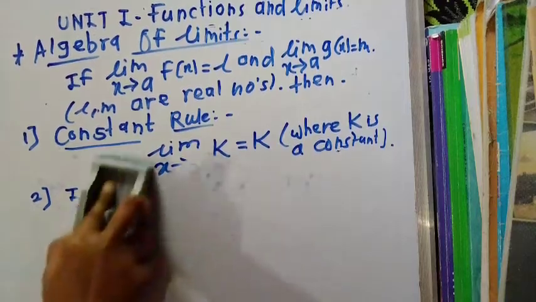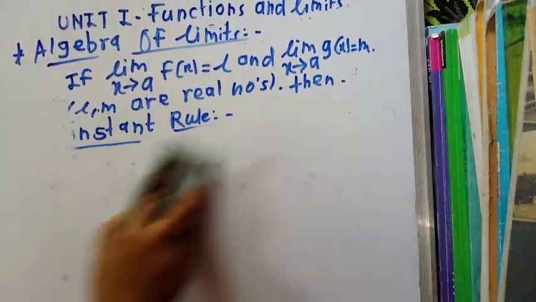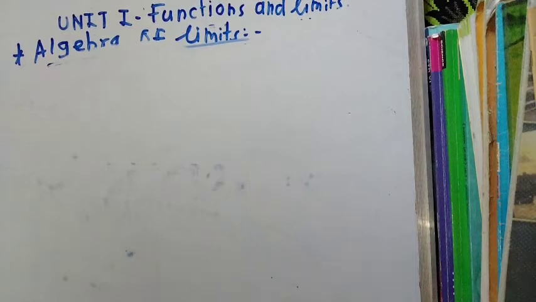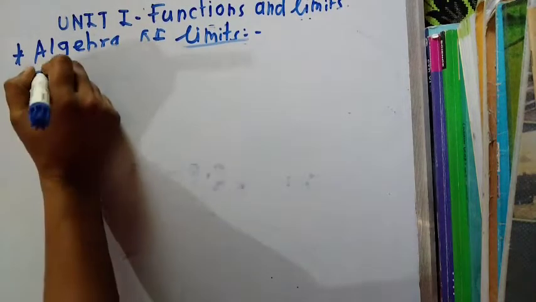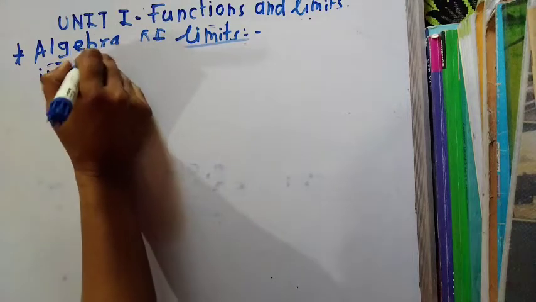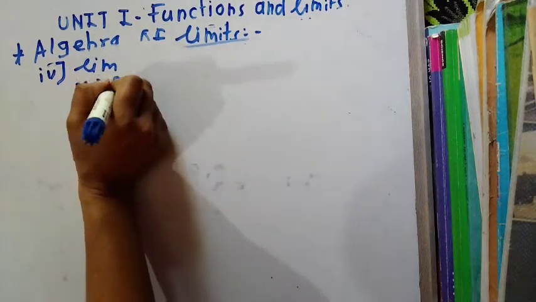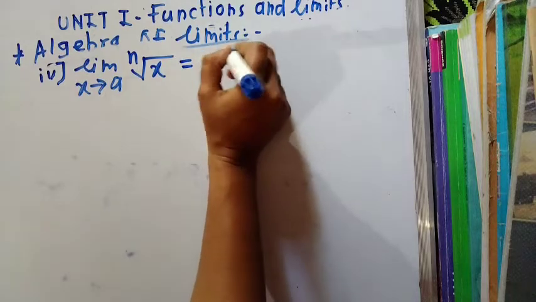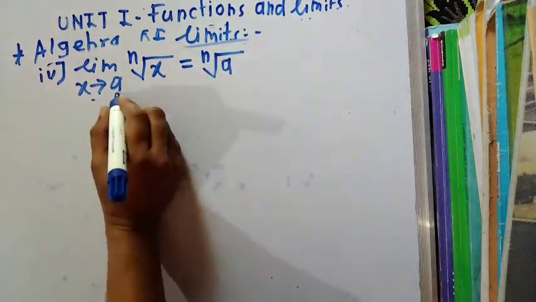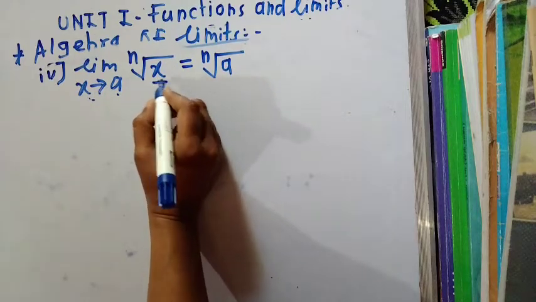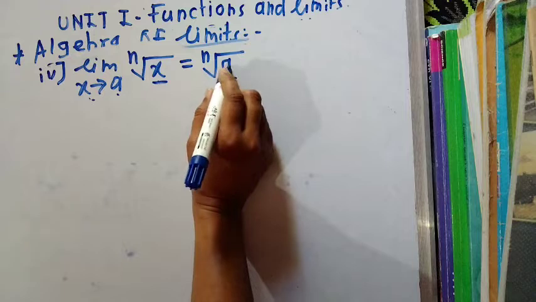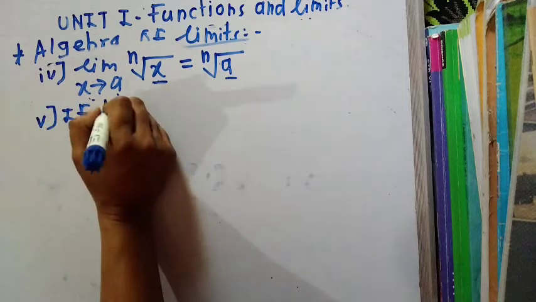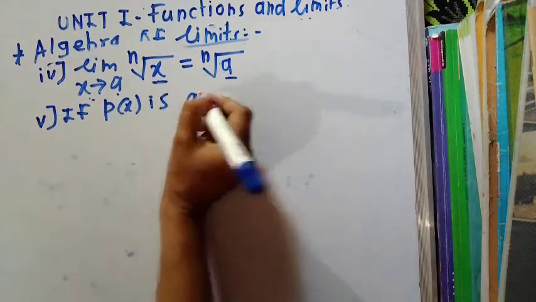Then next rule, limit x tends to a of square root of x is equal to square root of a. x tends to a means put a in place of x, so root of a.